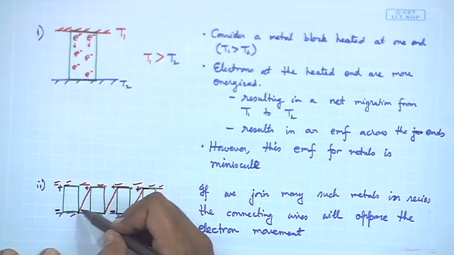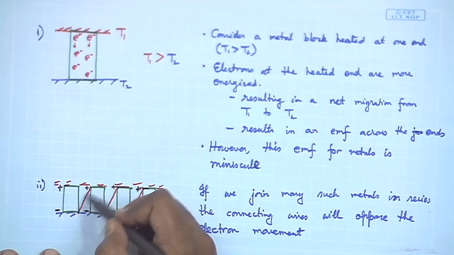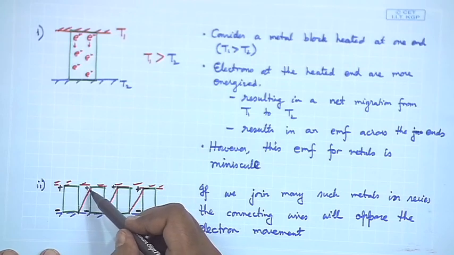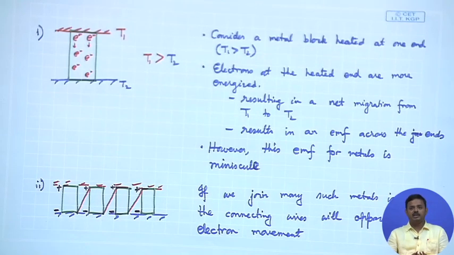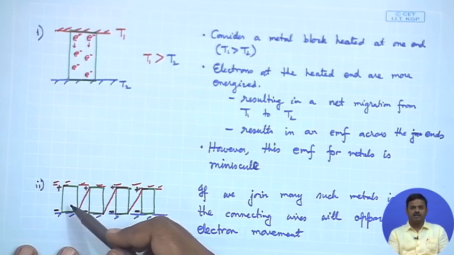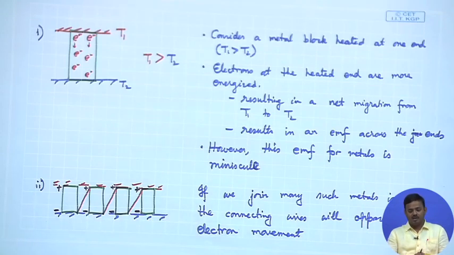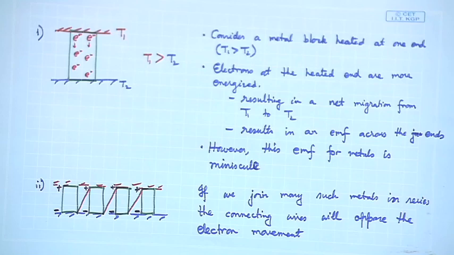So, the electrons, instead of going from here to here, will actually tend to come in the metal wire, or the connecting wire will tend to migrate from the hotter end to the colder end, thereby opposing the EMF that is generated in the metal blocks. So, therefore, this is not going to work.